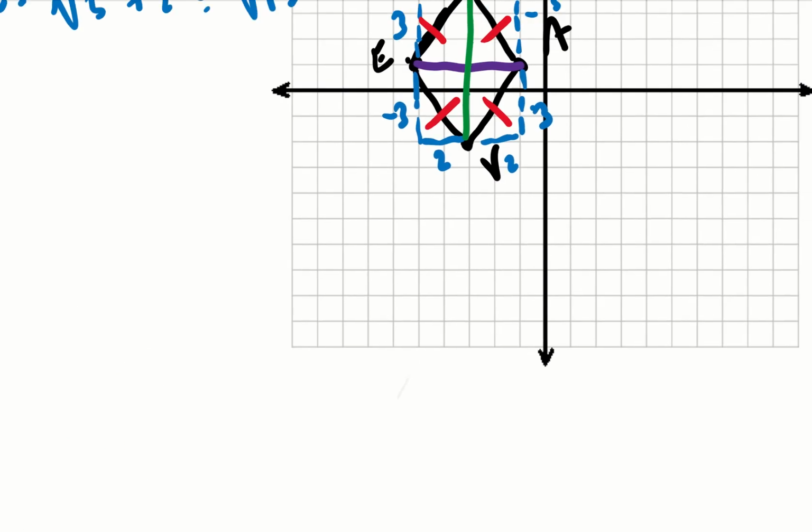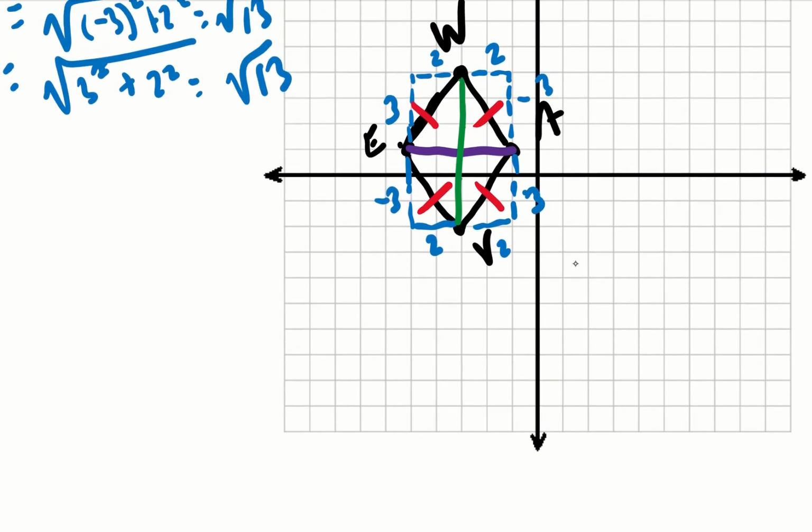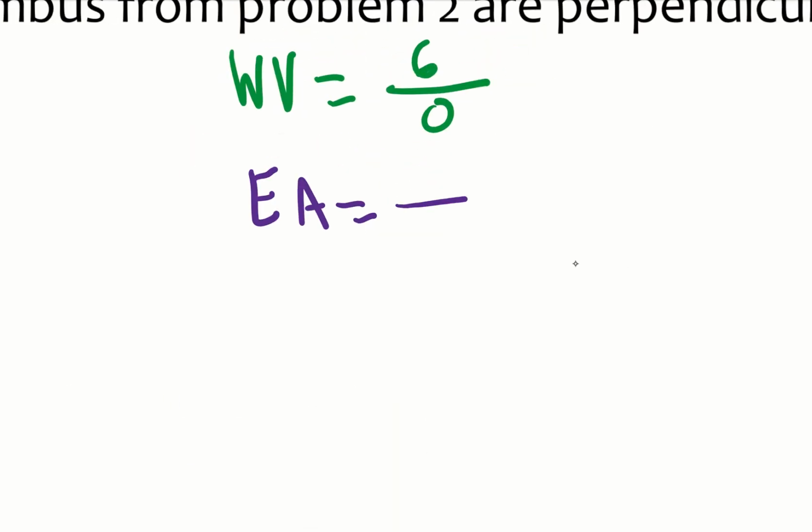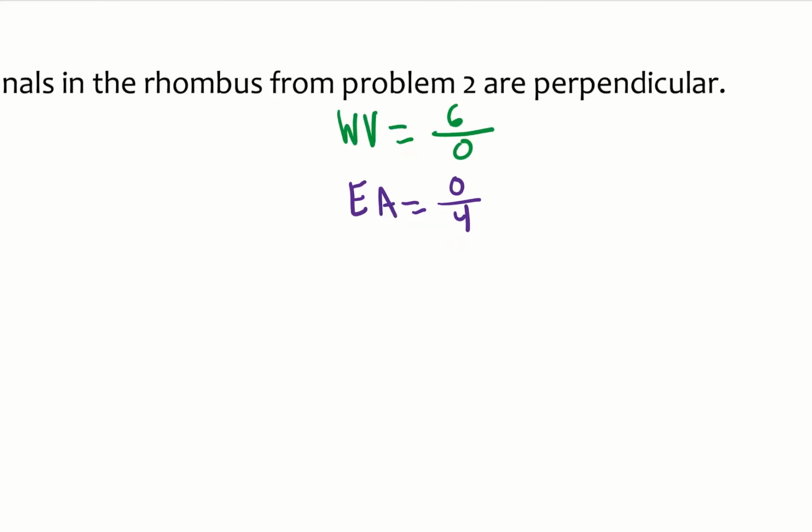All right, and then EA, it runs 1, 2, 3, 4, but it rises 0 because it's completely flat. So it rises 0, but it runs, I believe we said it was 4.